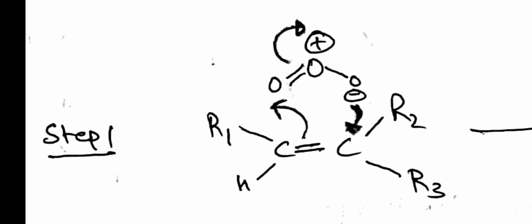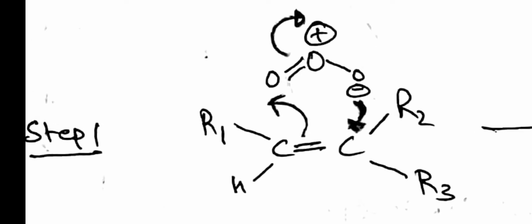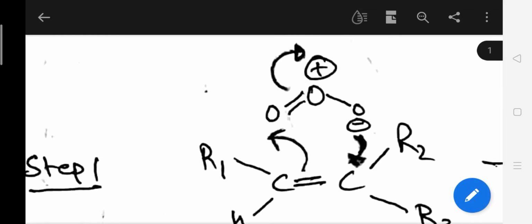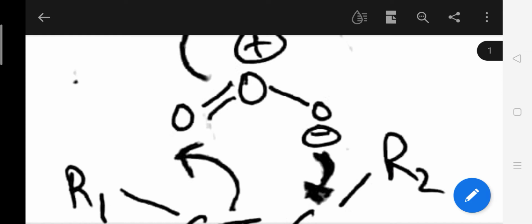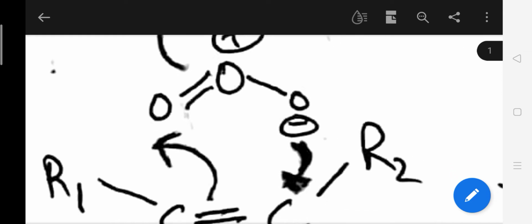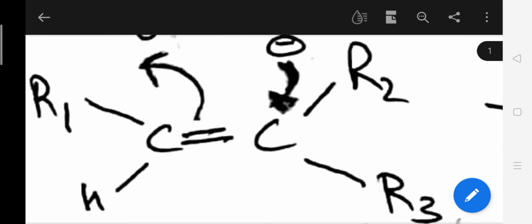Step 1. This is the alkene which you see, and what happens is that the pi electrons of this double bond transfer to the oxygen atom which has a positive charge, and the oxygen atom which has a negative charge transfers its electron to the different carbon atom.